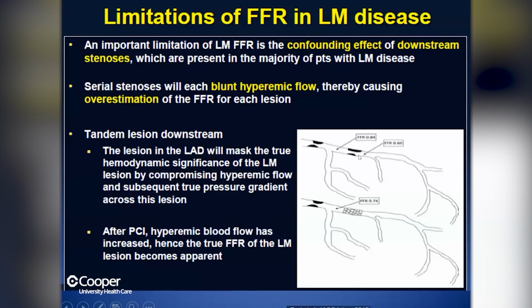But if you go ahead and stent the LAD here, the FFR becomes significant. I'm sorry, here in the LAD where there is a lesion, the FFR was not significant, 0.84. When you stent that lesion in the LAD, the FFR becomes positive. So the assessment of the left main with the FFR is fairly difficult, especially with apparent disease involving the sub branches.